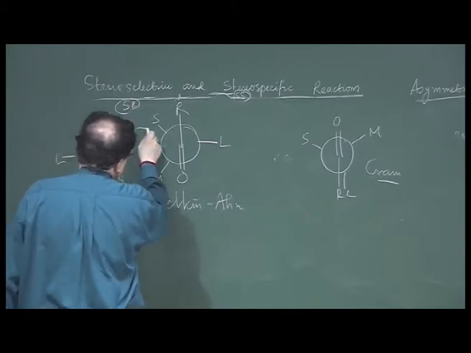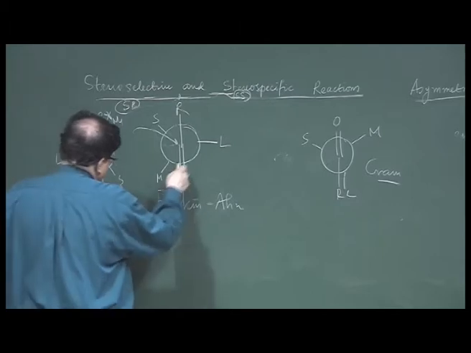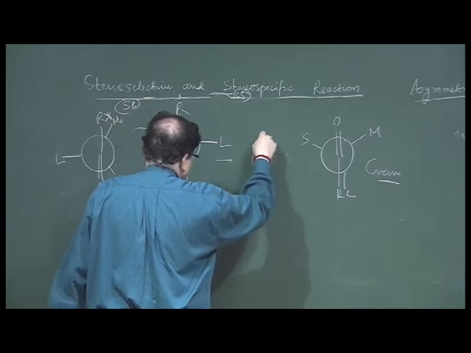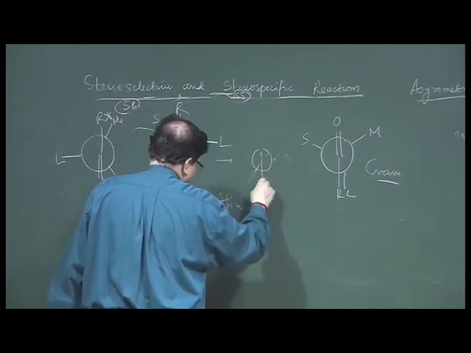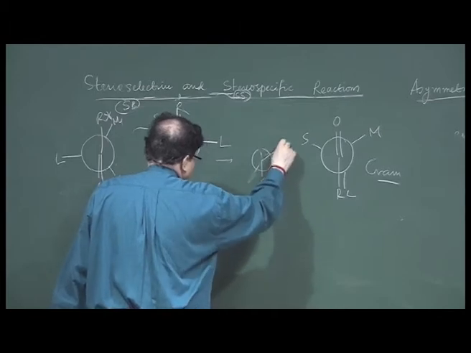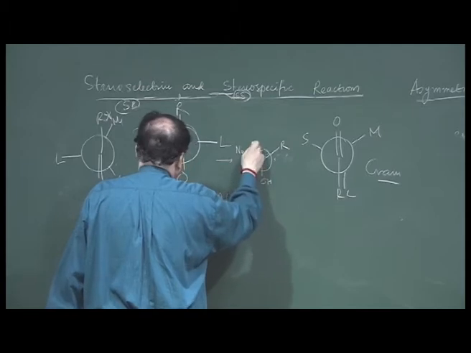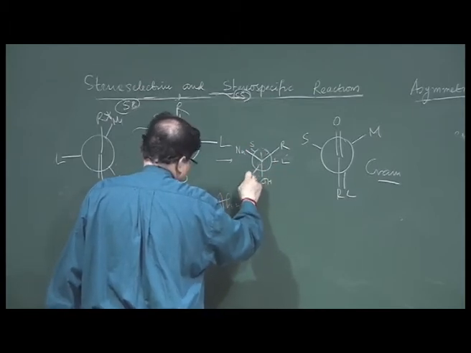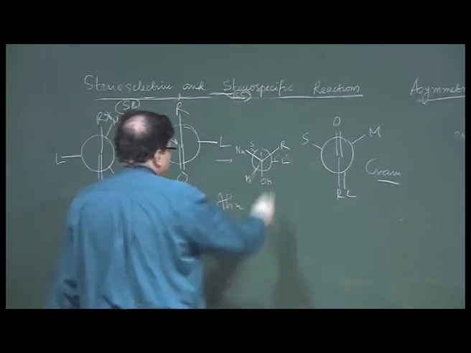Now, the nucleophile approaches as per the Bürgi-Dunitz trajectory, and the carbonyl almost stays here. So, the product that will be obtained is, R will move out now. So, this is OH, this is R, this is the nucleophile, and then you have the S, you have the L and you have the M. Just slightly, you can move it a little bit to eclipse all these.